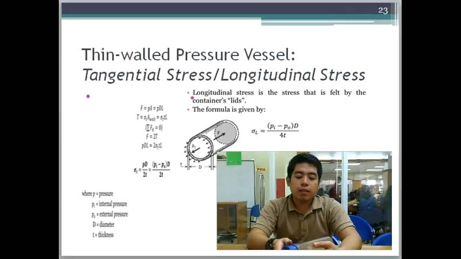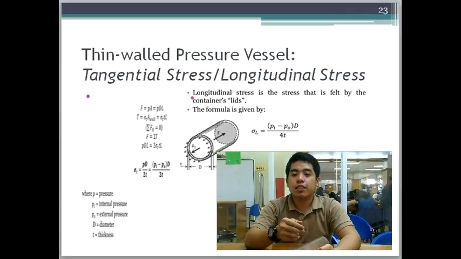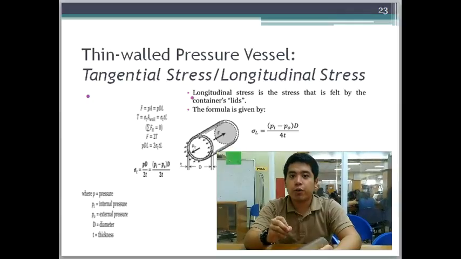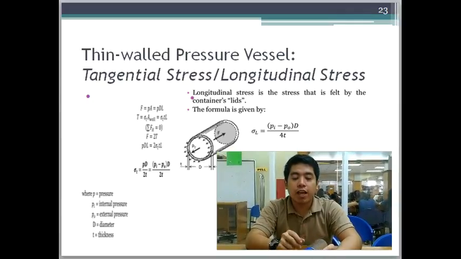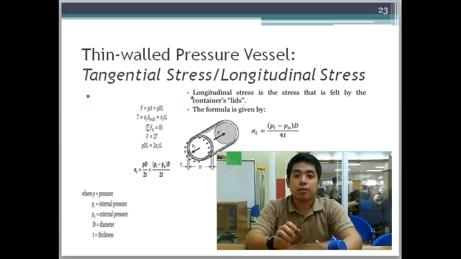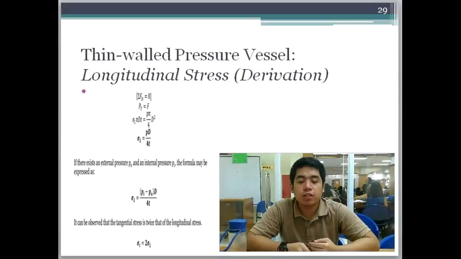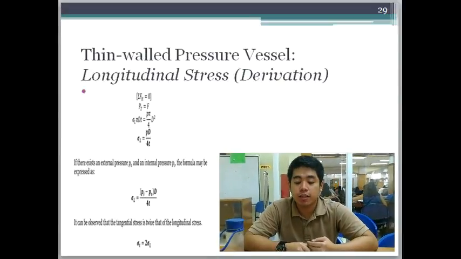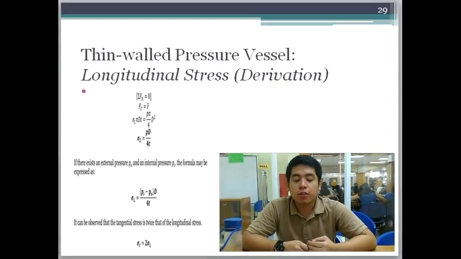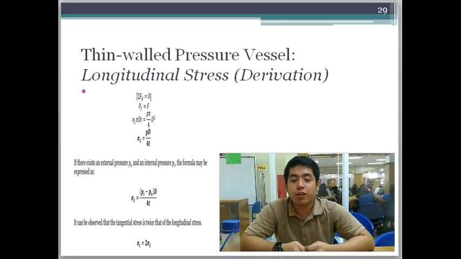On the other hand, the tangential stress is given by the same gauge pressure times the diameter, but you divide it by 4 times the thickness. As you can see, the longitudinal stress is less than the tangential stress, and thus in design, it controls the maximum pressure that can be contained in a cylindrical pressure vessel.